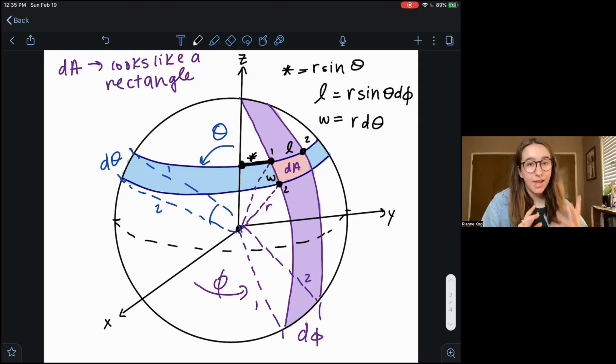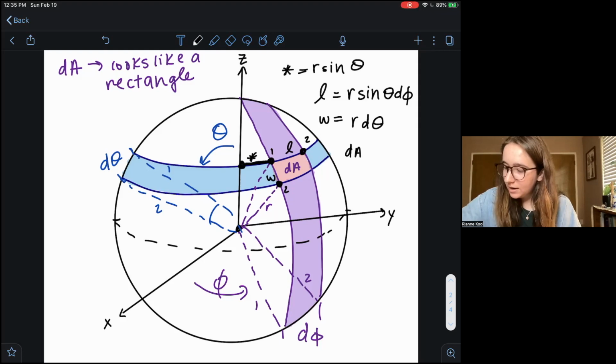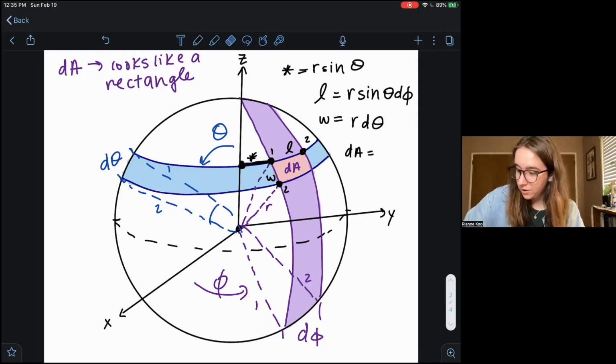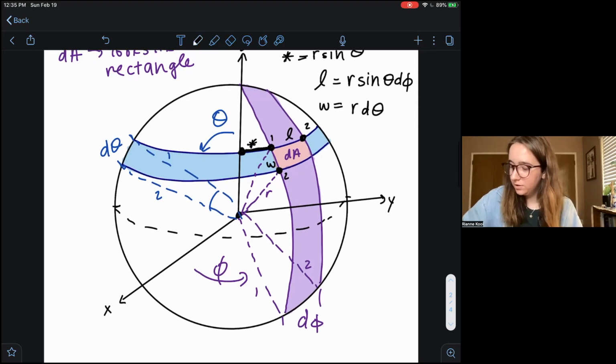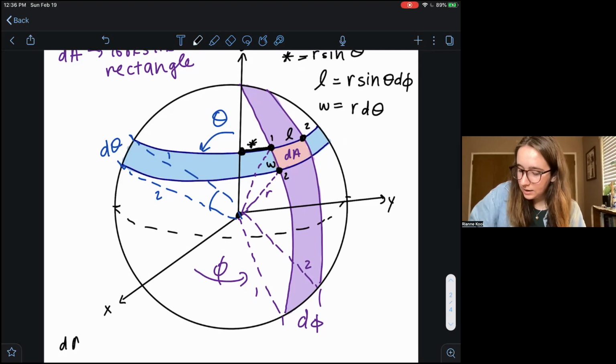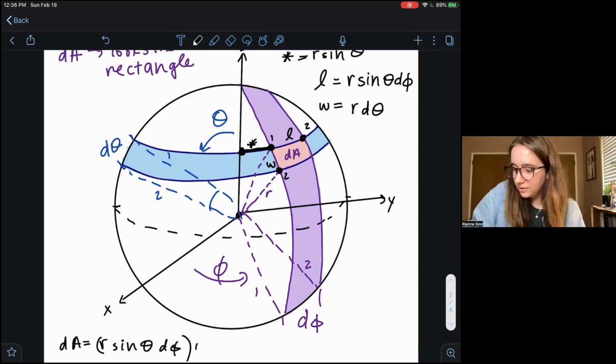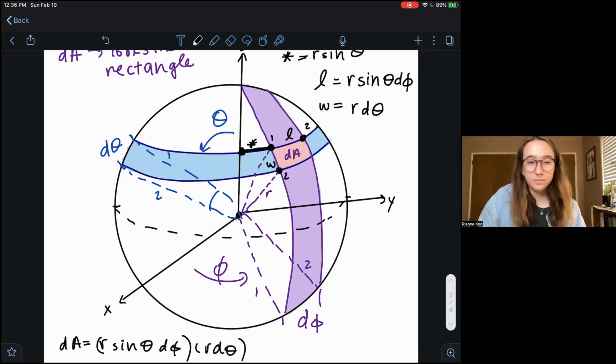So now we have our length and our width. And now to find the area of one rectangle, which is our dA, we say that it's just equal to the product of those two values. So dA is equal to length, which is r sine theta d phi, and our width is r d theta.